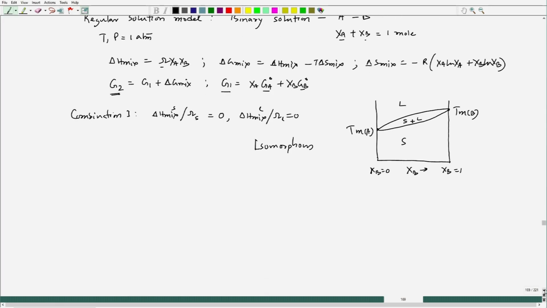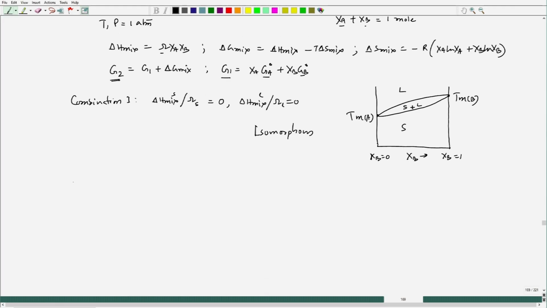Then second combination, we have taken del H mix for solid, or omega S, to be 0, and del H mix for liquid, or omega L, to be highly negative.